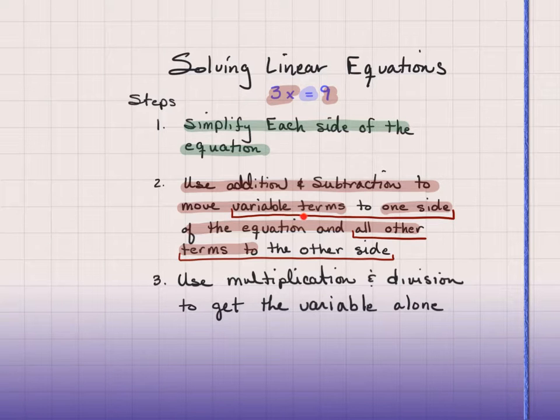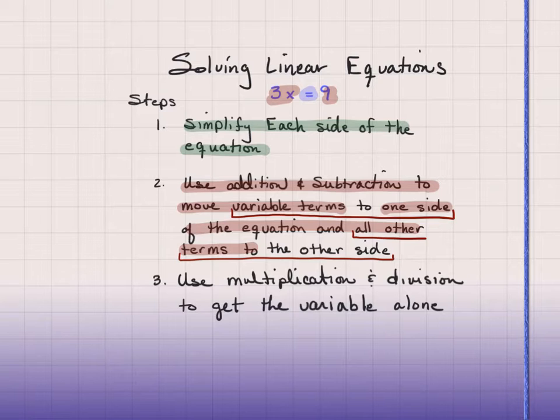In general, I will always try to move my x terms, my variable terms, onto the left-hand side. It just seems to make it easier because at the end you'll end up with just an x equals your answer. So it's kind of nice to get the variables on the left.